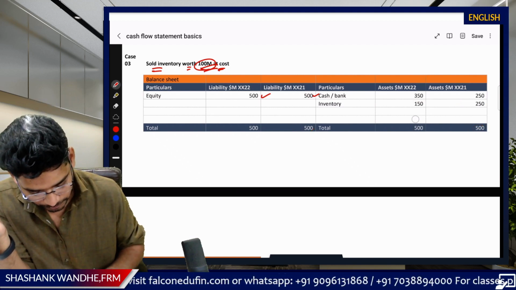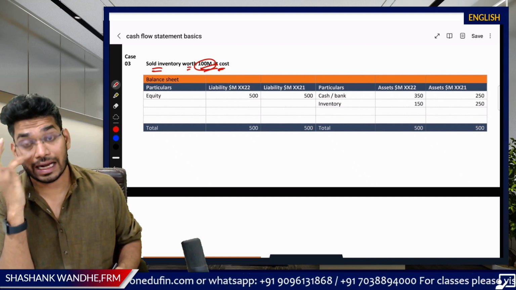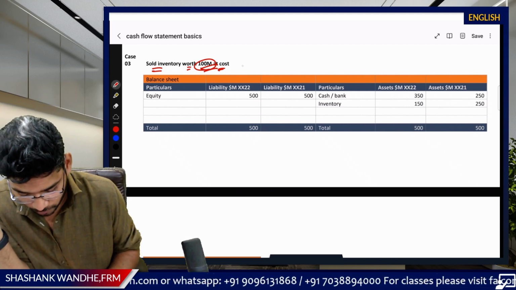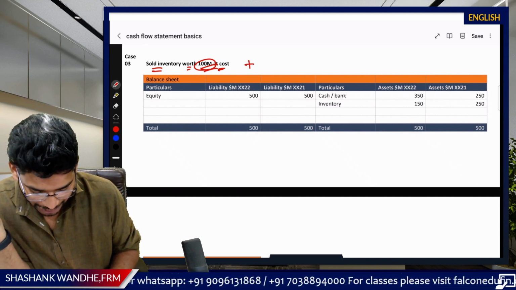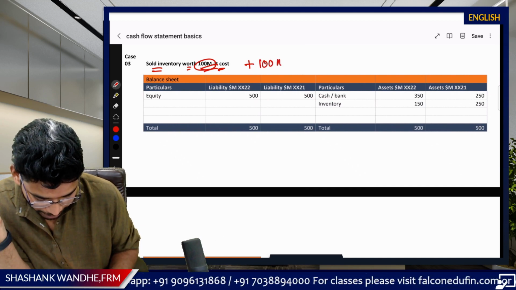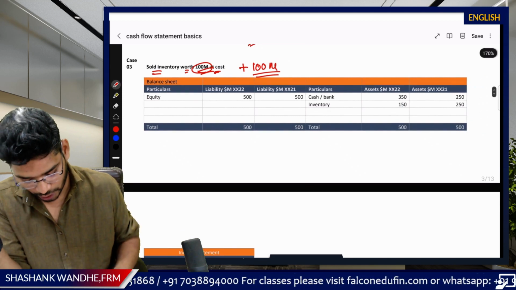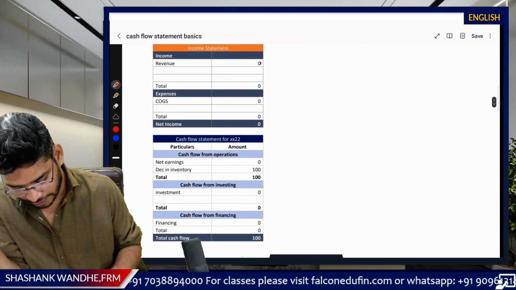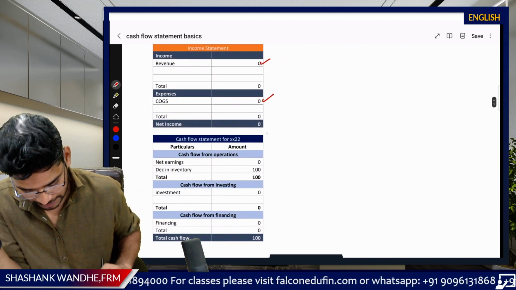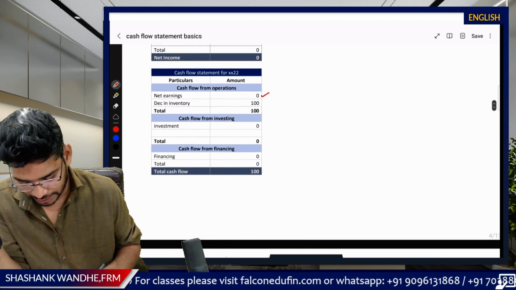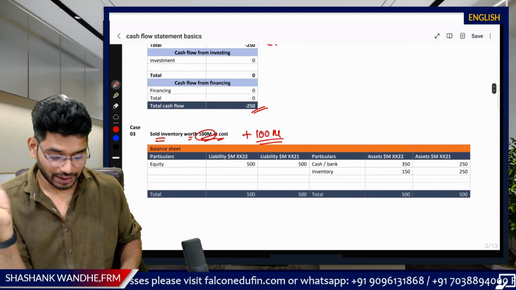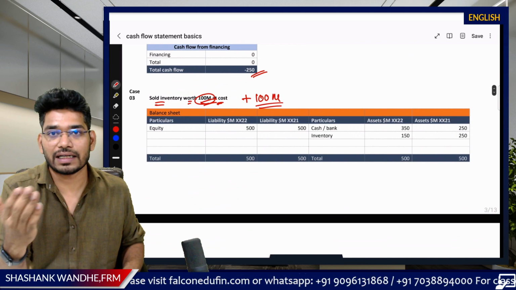Now see, what is your total cash inflow or outflow here? So we have cash inflow of 100 million. And again, no business is conducted in this 2022. No revenue, no expenses. So again, we are starting with the net income. Remember, we discussed decrease in asset or the current asset.